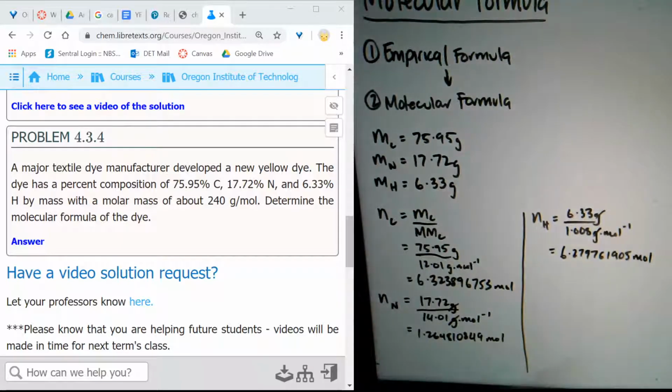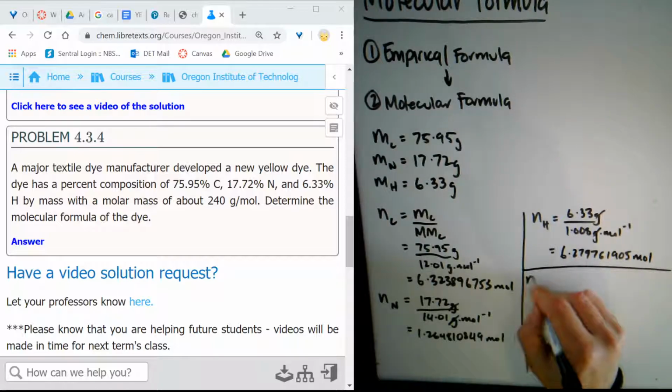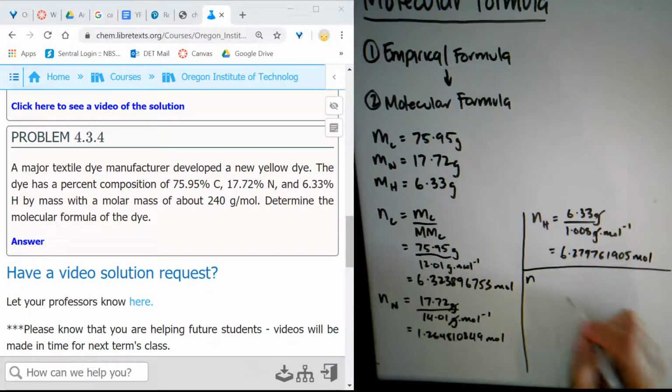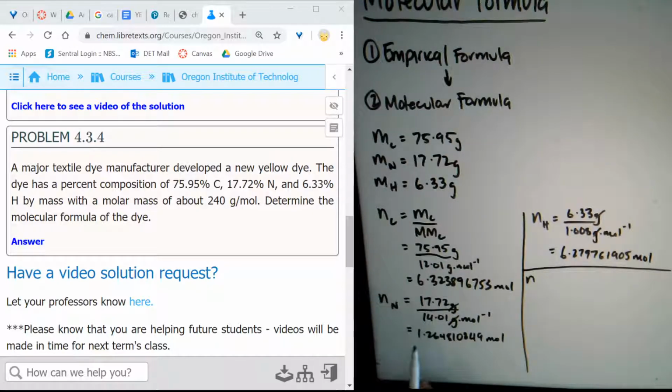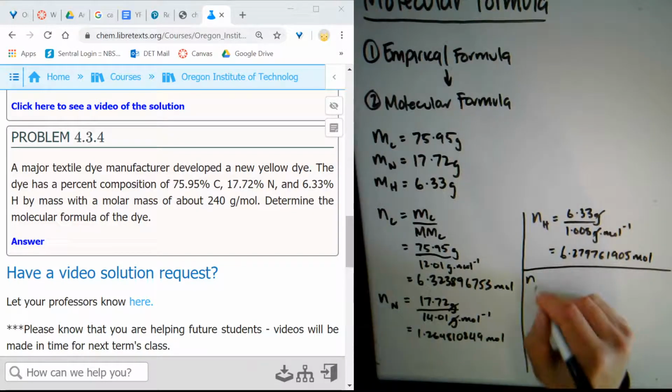Now let's work out some ratios really quickly. So I'm just going to draw a little line here. Let's have a look at the two things that are quite similar. You'll notice already that the number of moles of hydrogen is really similar to the number of moles of carbon. You're probably going to get a ratio of 1 to 1. What we're probably looking for here is the nitrogen to carbon ratio. So the number of moles of carbon to the number of moles of nitrogen.